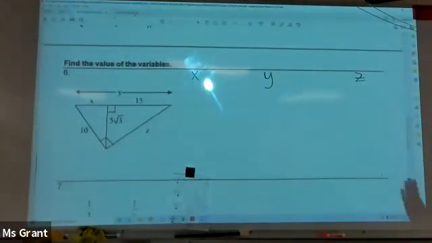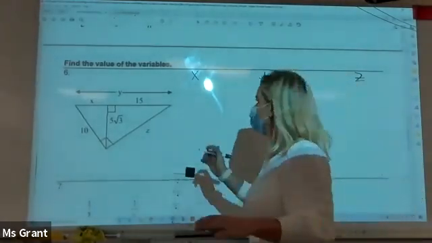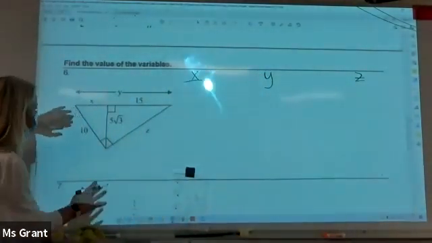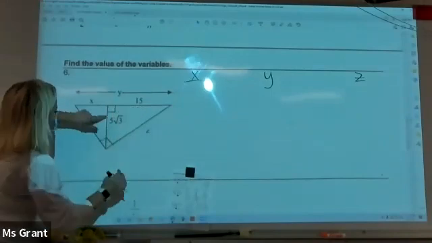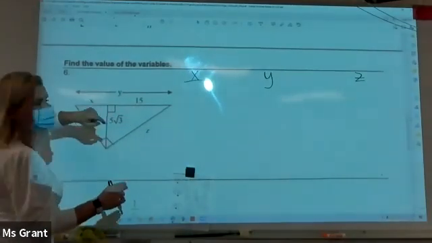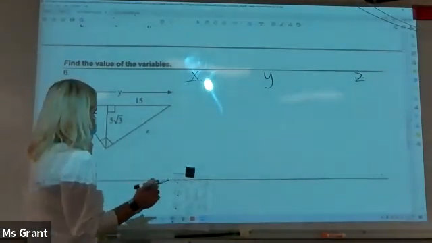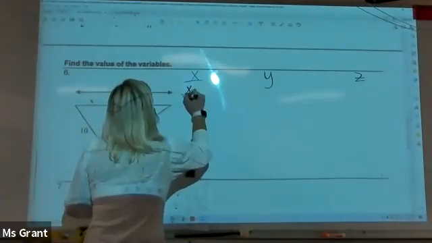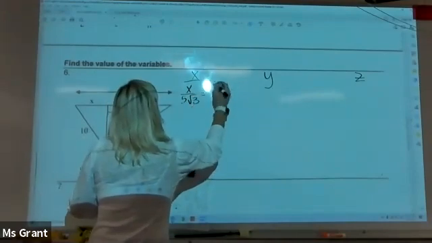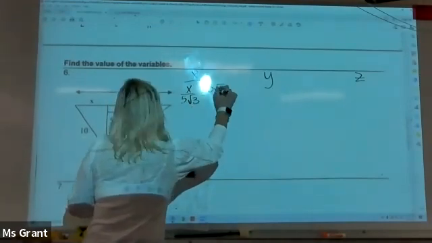Okay, I'm first solving for X because the X is the only thing that's really complete: the 5 rad 3, the X and the 15. So I'm going to do X over 5 rad 3 equals the altitude again.